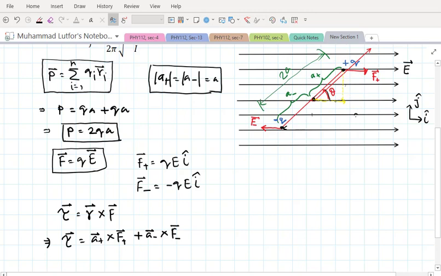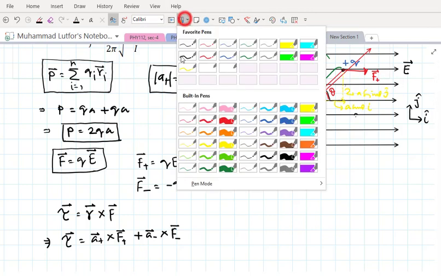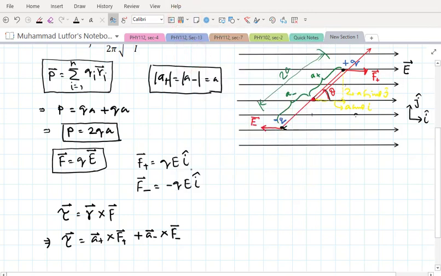Then I can say this vector would be A cos theta i hat, and this one would be A sin theta j hat. So that's how I can write down that the A plus vector would be A cos theta i hat plus A sin theta j hat.